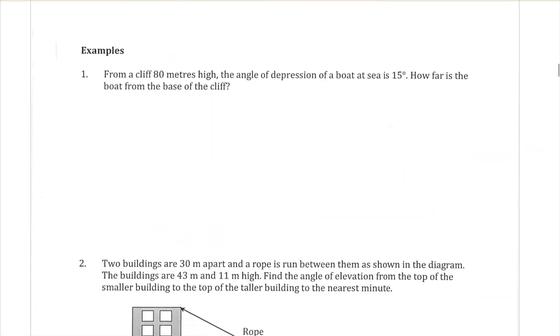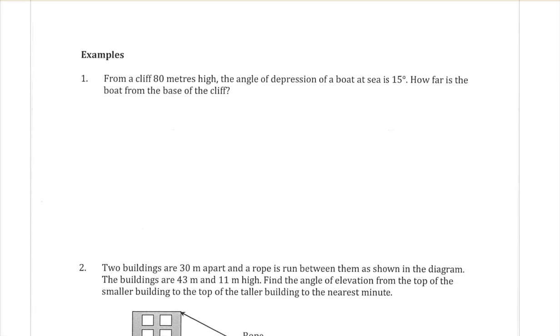All right, here is the example. Number 1. From a cliff 80 meters high, the angle of depression of a boat at sea is 15 degrees. So you need to be able to draw accurate diagrams. Sometimes that is the hardest part, getting started, getting the diagram right. So this one, we have a cliff. It doesn't have to be a piece of art that we're drawing here. Here is my cliff.